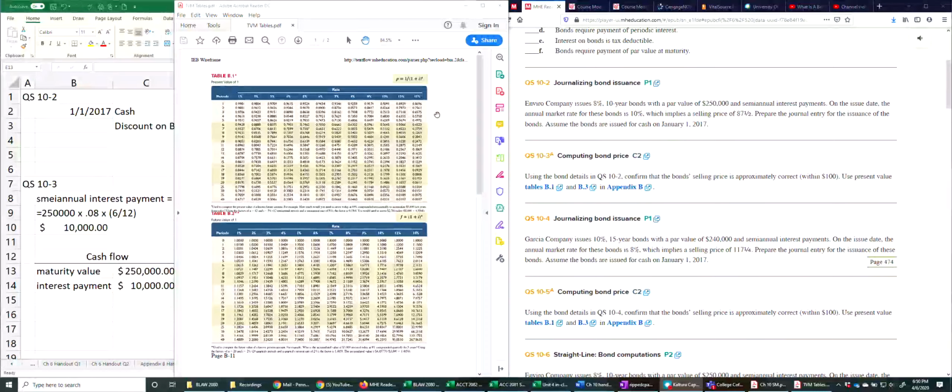So we're going to divide that 10% in two, and the relevant column for us is the 5% column, because the bonds are semi-annual. All the bonds we'll see in this chapter, the ones we'll be asked to price, will be semi-annual, so we want to get in the habit of doing this. Market rate of 10%, we're going to chop that in half and look at the 5% column.